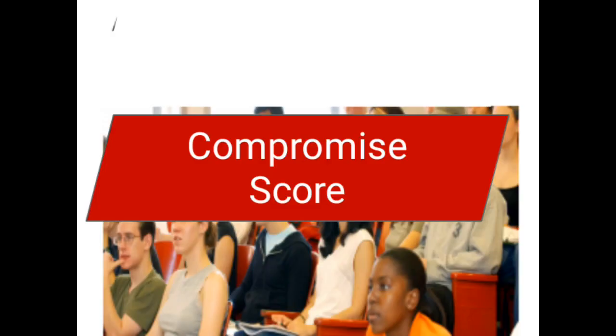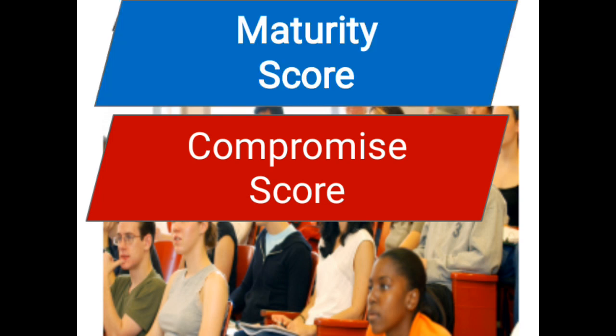But when we have compromise score, we could look at it as the value of the community, like I said. Now, when you have the maturity score and the compromise score together, you're actually trying to look for, the compromise score is more like the denominator, the value of all the fractions, where the maturity score is just the value of a fraction.